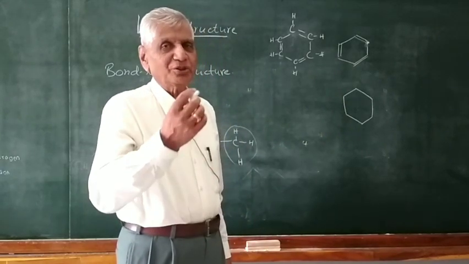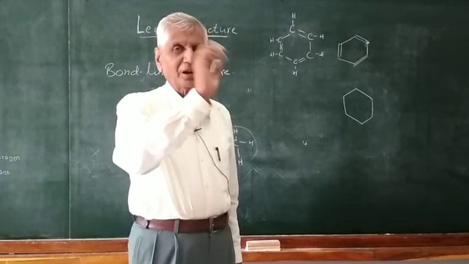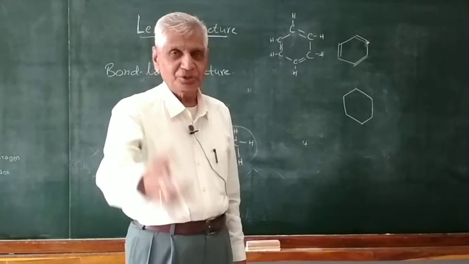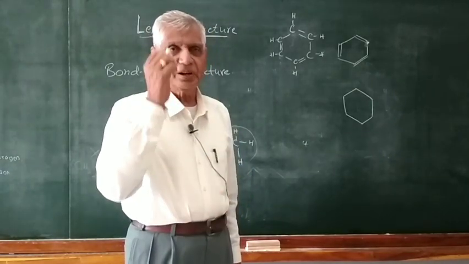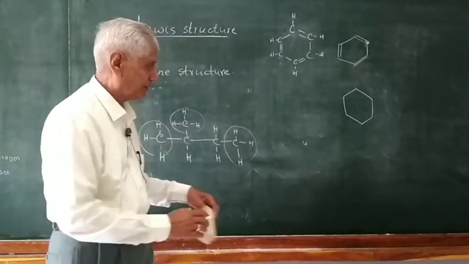And in the bond line structure, suppose some groups are there. For example, OH is there, NH2 is there. These groups are compulsorily written. How? Let us take an example and experiment.